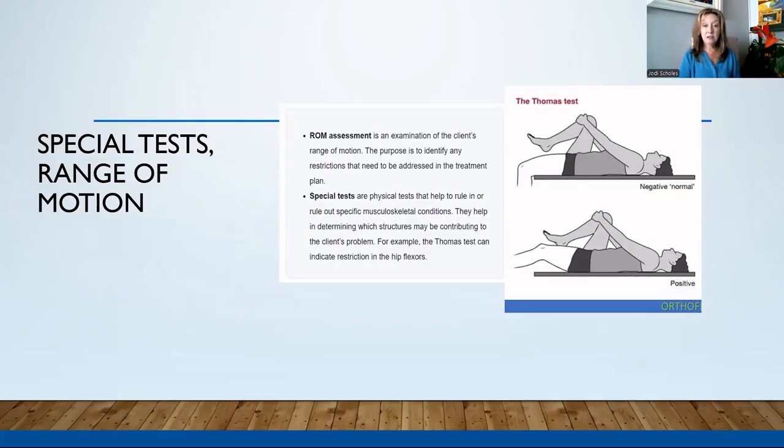We are testing hip flexor tightness, psoas tightness. Bringing that knee towards the chest will produce one of two results. You see those two results here in the cartoon picture. When the knee comes towards the chest, the opposite leg will either stay on the table or come off the table.